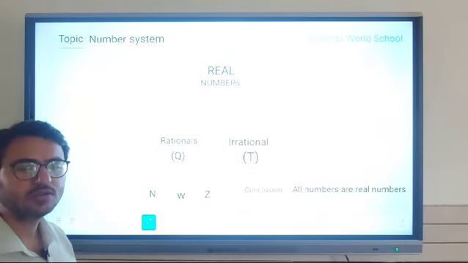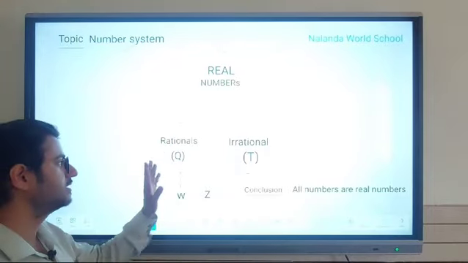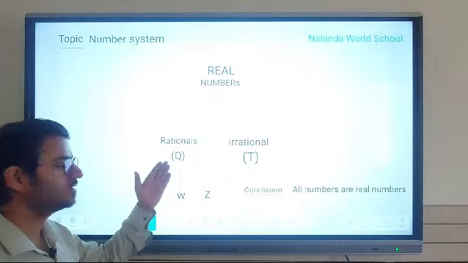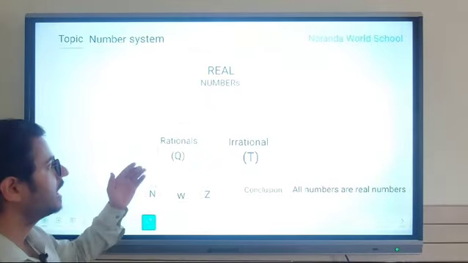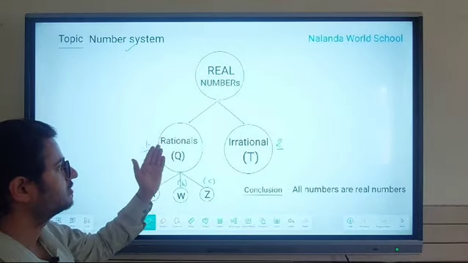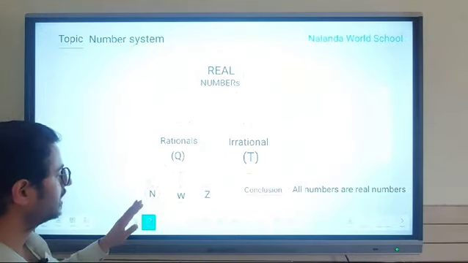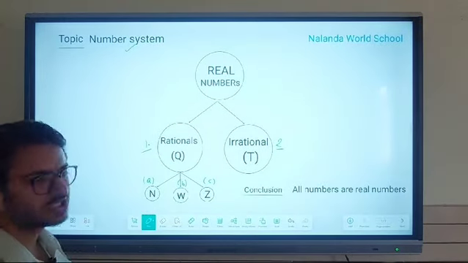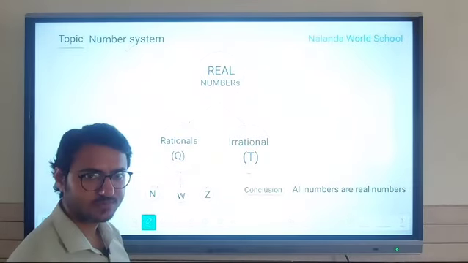As we all know, we can divide them by 1, and therefore they can be represented in the form of p upon q, which is the necessary condition of being a rational number, right? And as real numbers have two parts, rationals and irrationals, we can convert natural numbers, whole numbers, and integers into rationals. And the second part of real numbers is irrationals.